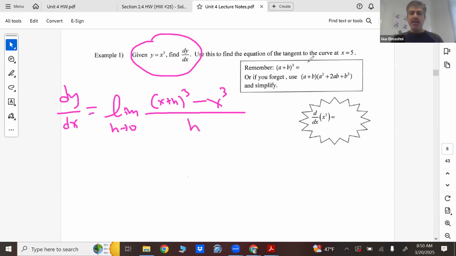In case you guys forgot, this expands like this. I think we did this the other day, right? Let's expand it and clean it up.